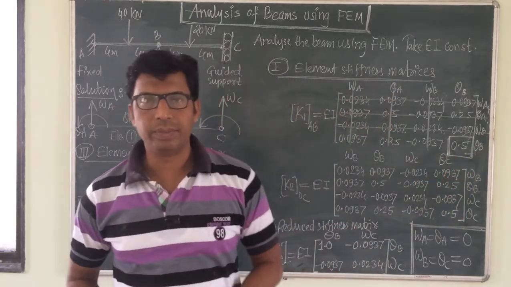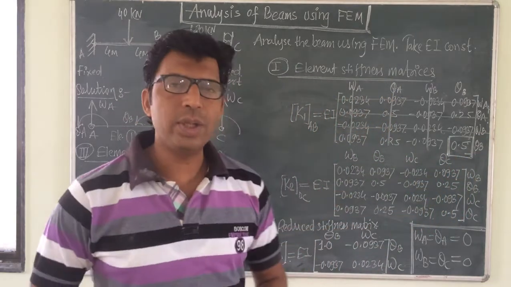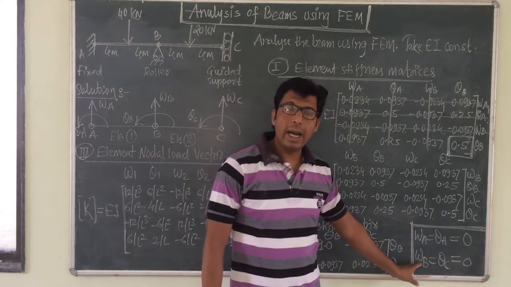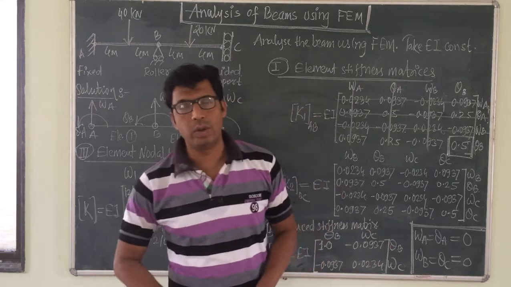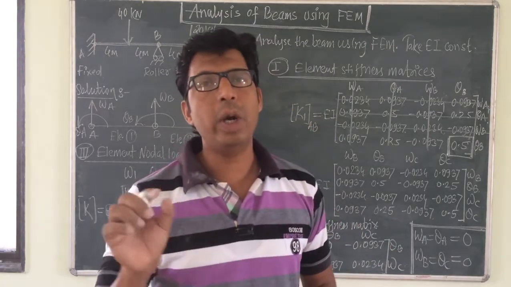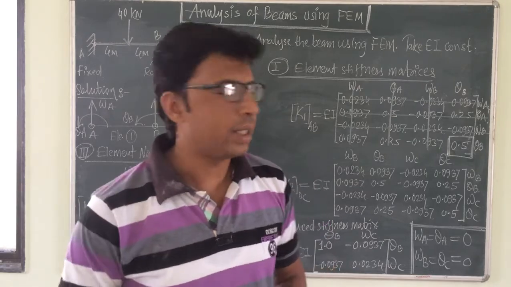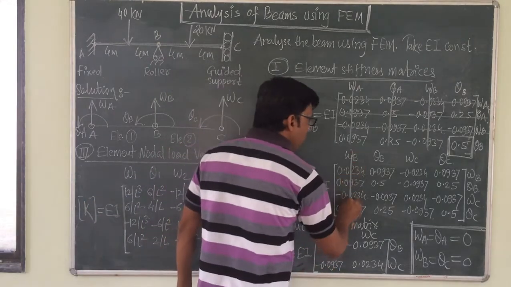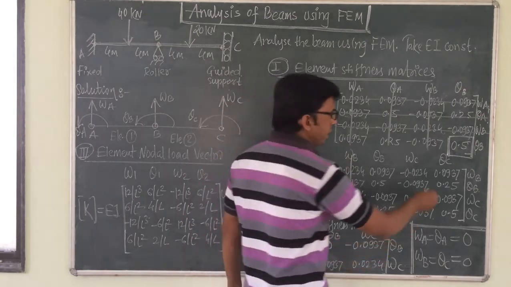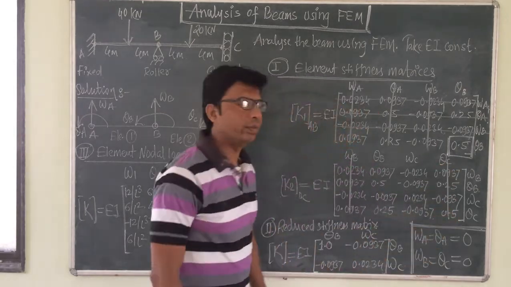corresponding to theta B. Now in the second element stiffness matrix, WB is equal to 0 and theta C is equal to 0. So eliminate the row and column corresponding to WB and the row and column corresponding to theta C. WB means first column, theta C means last column.